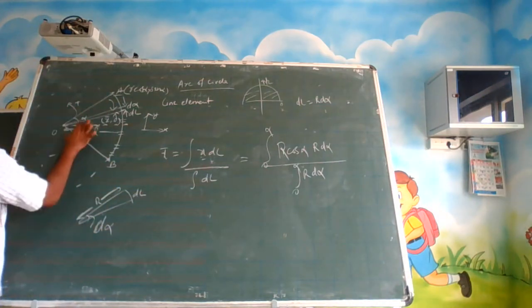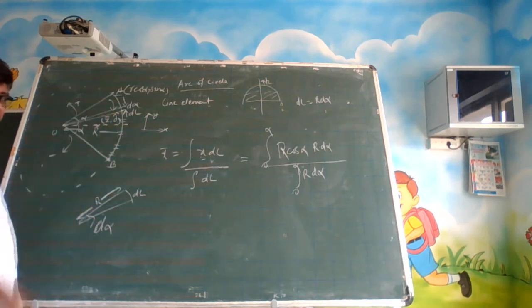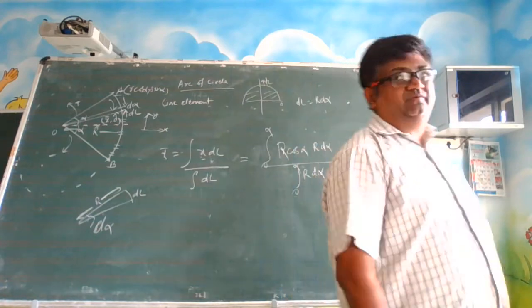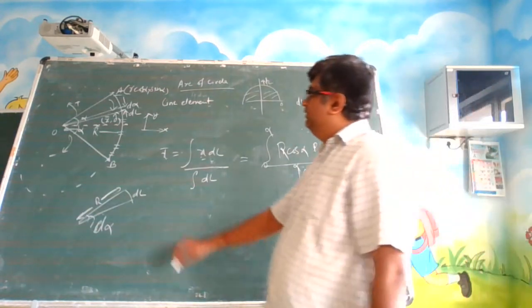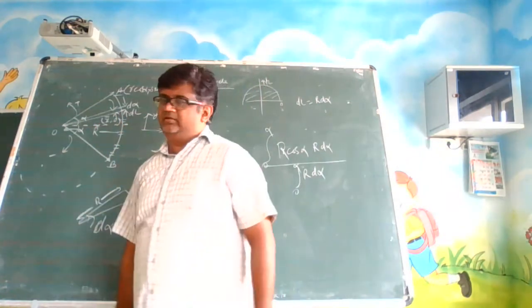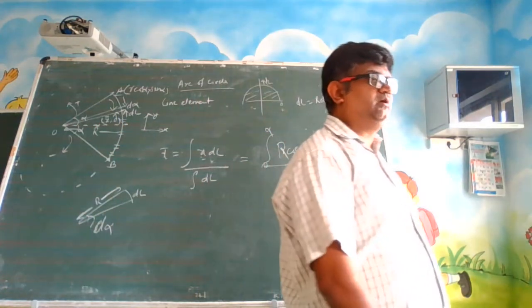Here 30 degrees is there, here 45 degrees is there. You cannot use that. But here 30 degrees is there, here 30 degrees is there. For example, alpha of 30 degrees, absolutely symmetrical.